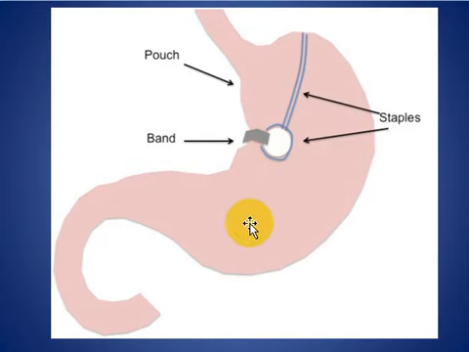As we see here, this is the vertical banded gastroplasty, similar to the Magenstrasse and Mill procedure, but in addition, there is a synthetic band placed around the gastric tube to augment restriction. And here are the staples.